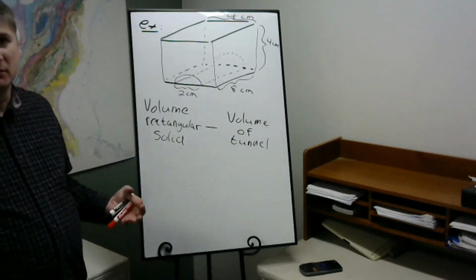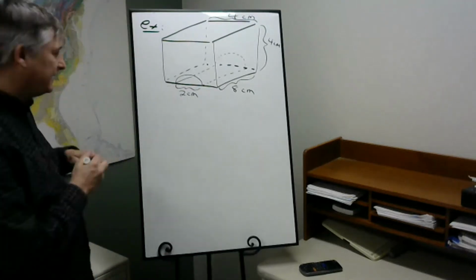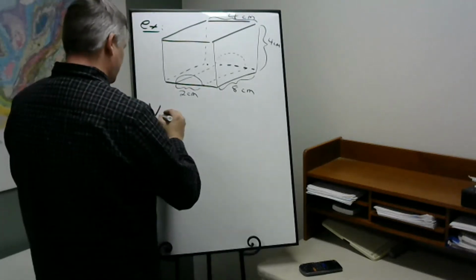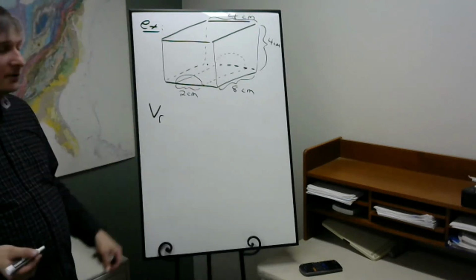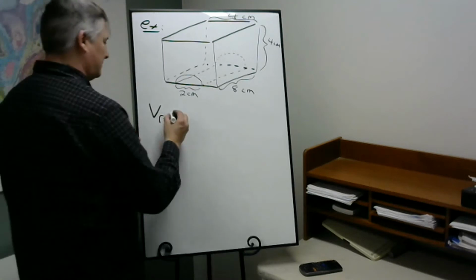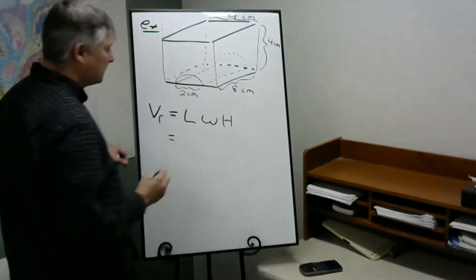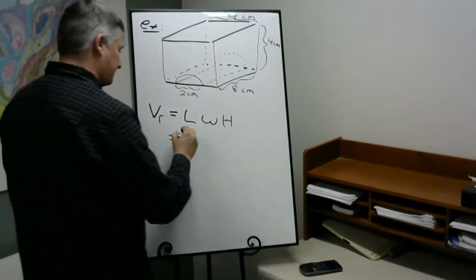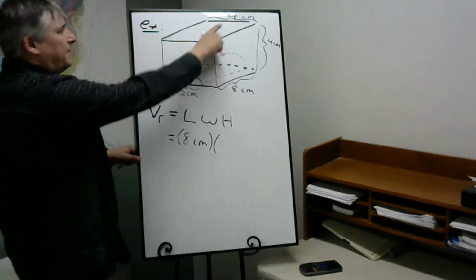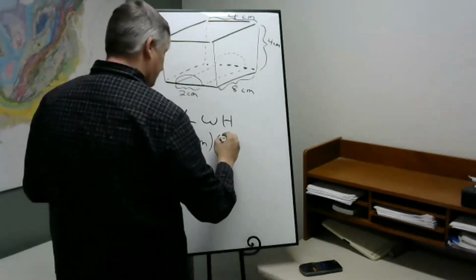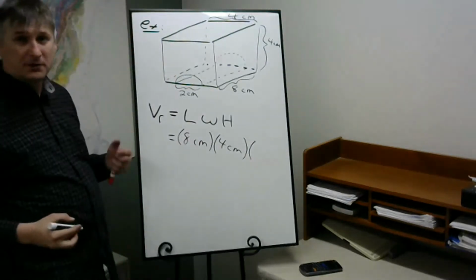So what's the volume of the rectangular solid? I'm going to call this V, with a little R there. That just means rectangular solid. So it's sort of another label I can put to volume. Well, again, it's length, width, height. So the length is 8 centimeters. The width is 4 centimeters. And the height is also 4 centimeters.